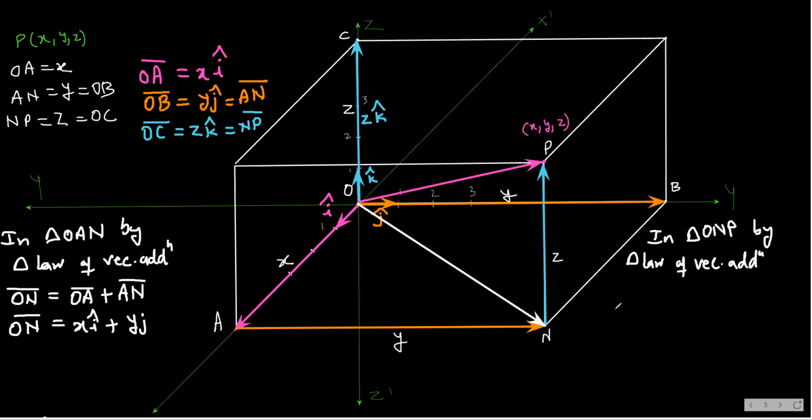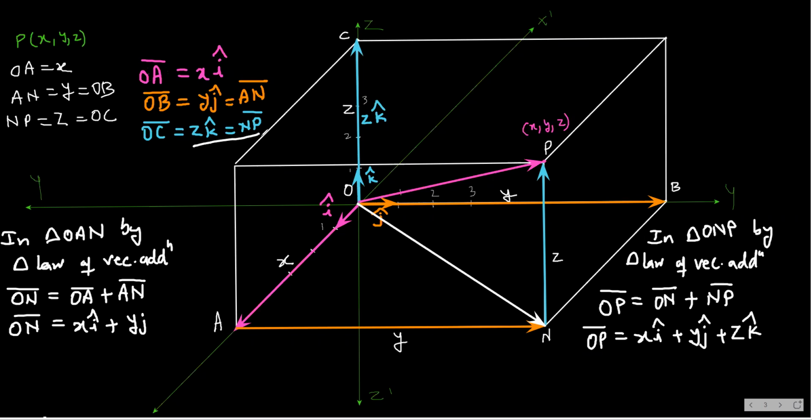So OP bar will be equal to ON bar, which you just found out, x i cap plus y j cap, and NP bar. NP bar is z k cap. NP bar is the same as OC bar, which is equal to z k cap. And this is OP bar. Students, check.